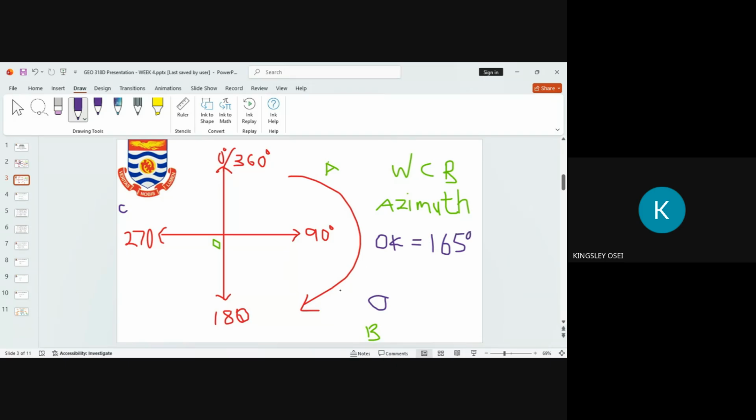How would the plot look? We have another one we are calling OM. O is the start point, M is the finish point. And this one is equivalent to what?